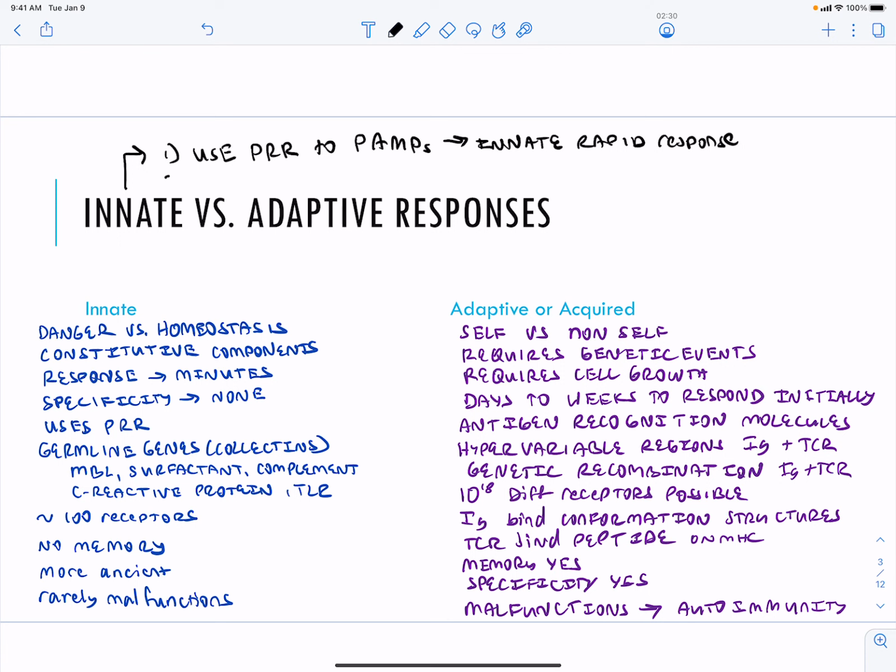And then the second is that the innate immune system needs to alarm the acquired immune response. So it's the alarm system. And it does this alarm through secretion of proteins such as cytokines and chemokines.